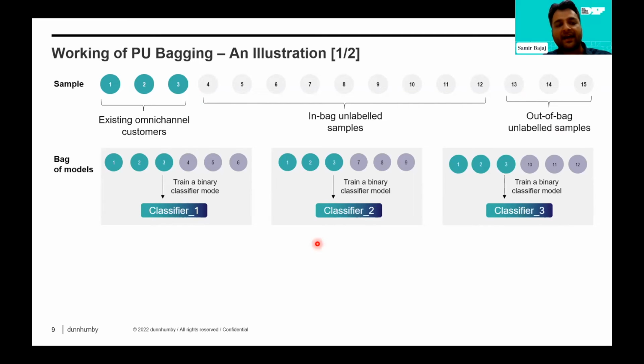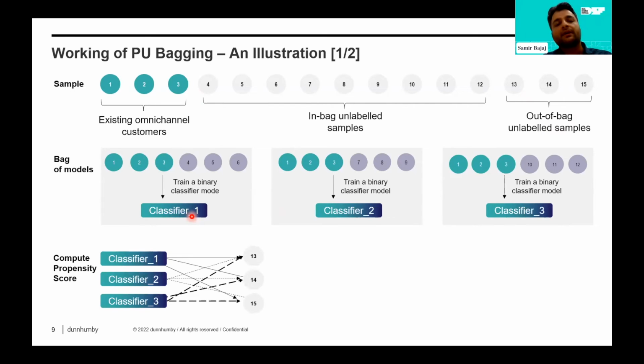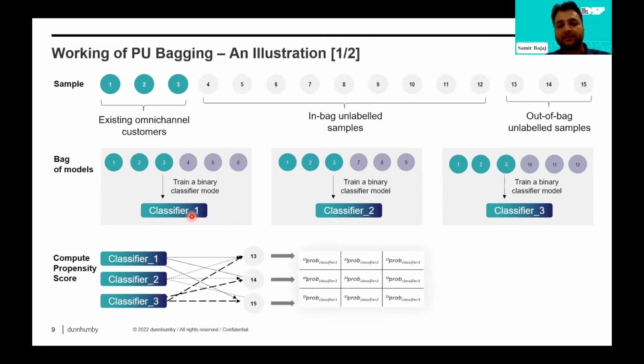So once we have this bag prepared of all the classifiers, classifier 1, 2, 3, we compute the propensity. Propensity is computed by predicting with each of those classifiers on each of those out-of-bag unlabeled samples. We get a probability from each classifier for each out-of-bag sample.